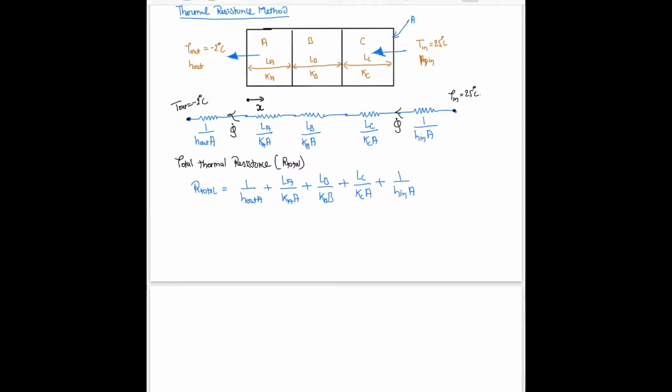So now from the previous lecture we know we can write our heat as delta T, that is T in minus T out divided by R total, or we can write T in minus T out equal to 1 by H out into area plus LA by KA into area plus LB by KB into area plus LC by KC into area, and the last convection resistance due to the air inside the room, 1 by H in into area.